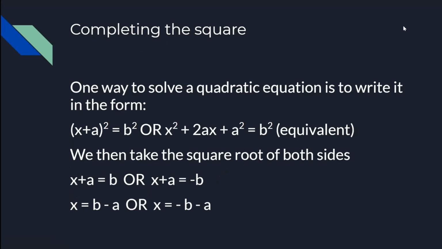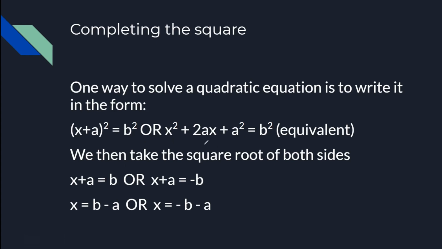So how does this relate to quadratic equations? One of the ways to solve quadratic equations is actually to get it in the form x squared plus 2ax plus a squared equals b squared, okay? Now b and a are both constants. By constants, I mean numbers like 2, 3, 4. And x is a variable that you're trying to find, okay?